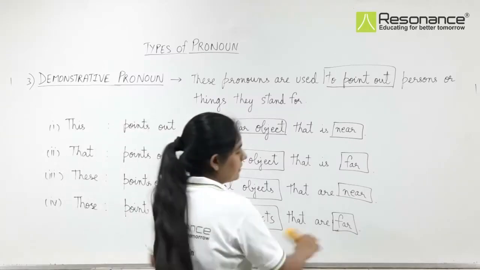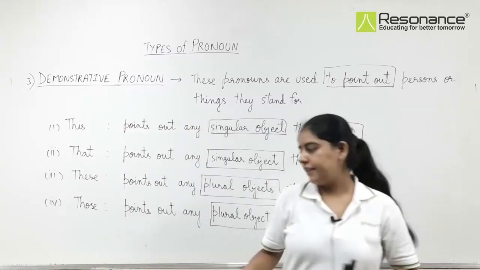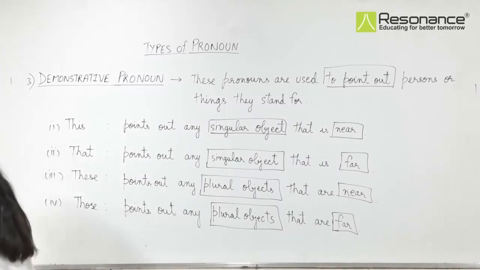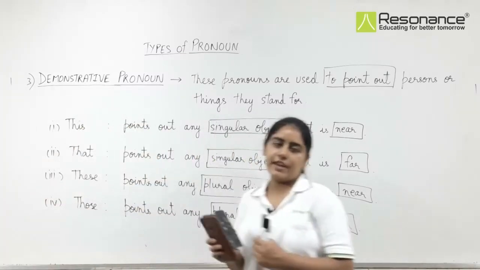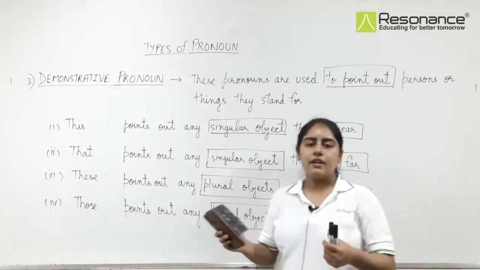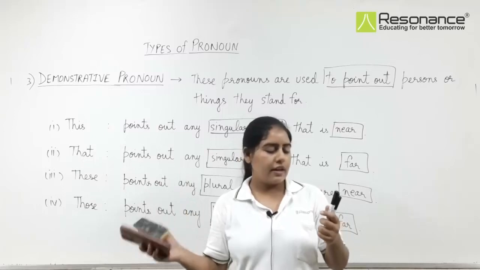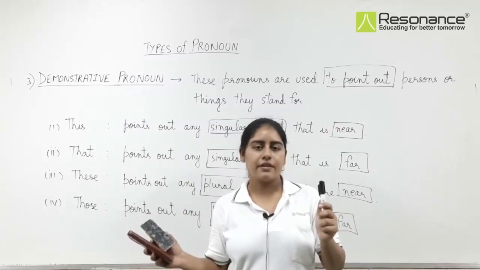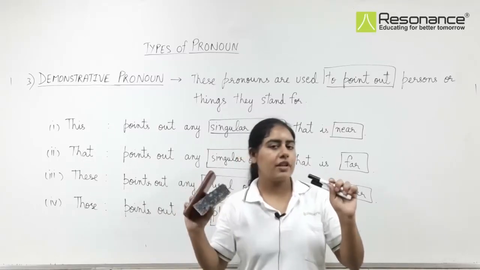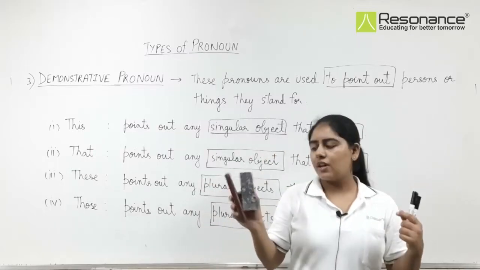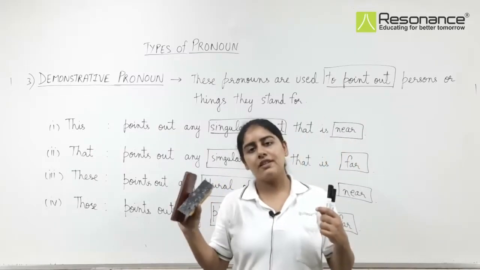And I am holding a duster in my hand. Duster and I am holding a duster and my phone. Fine. Now you tell me, मेरे right hand में जो है duster and phone and in my left hand markers. कितने objects हैं ये, singular या plural? दोनों हाथों में, दोनों हाथों में एक से ज़्यादा objects हैं. So these are plural. Fine.